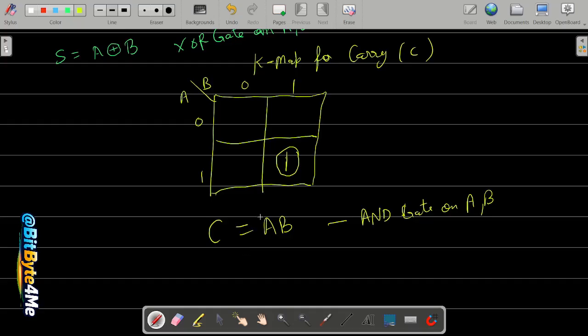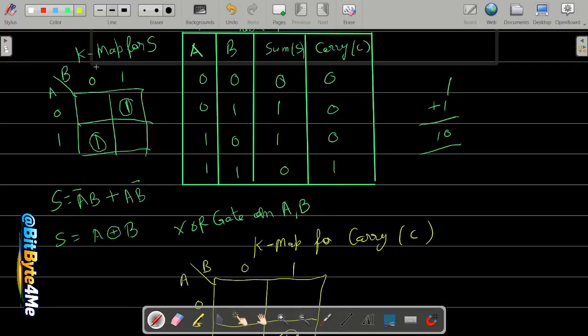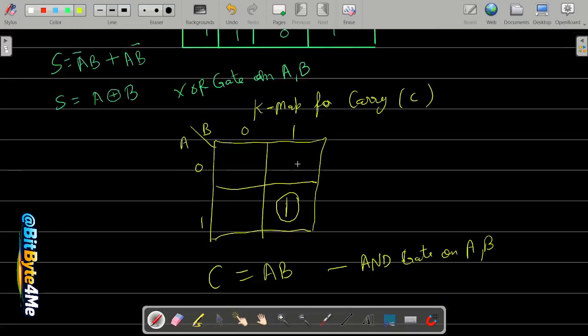So we have both K-maps. This is the K-map for sum, and this is the K-map for carry.